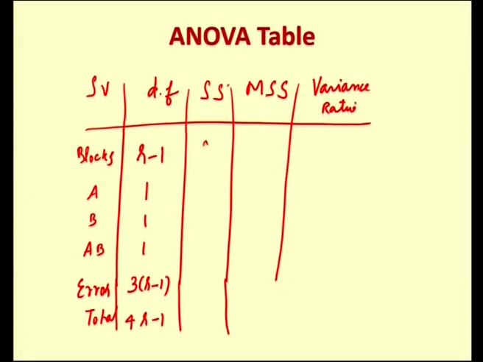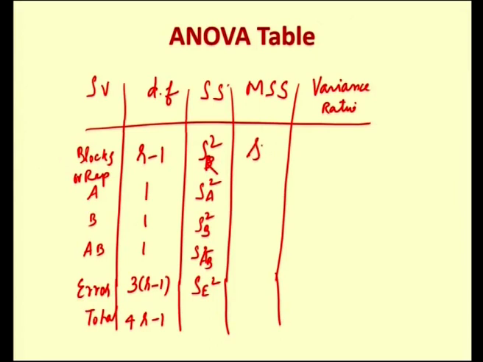And the sum of squares we denote by capital SA squared, capital SB squared, capital SAB squared, and for blocks or replicates it is SR squared, and error SE squared. The mean sum of squares is obtained by dividing the sum of squares by its respective degrees of freedom.